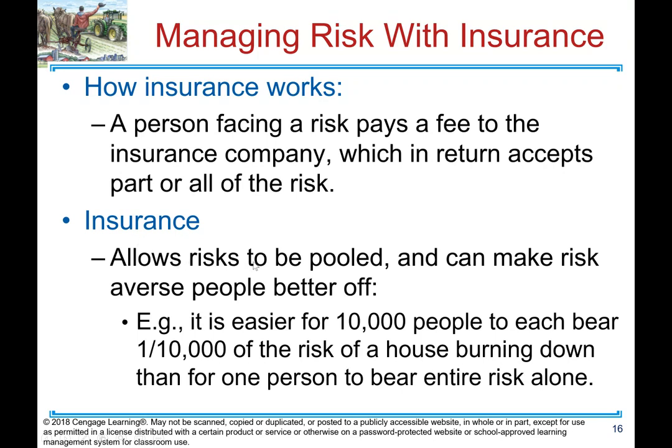Insurance allows risks to be pooled and can make risk averse people better off. For example, it is easier for 10,000 people to each bear 1/10,000th of the risk of a house burning down than for one person to bear the entire risk alone.